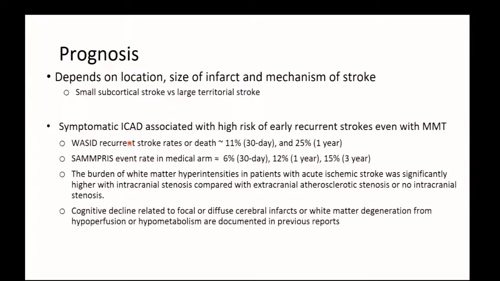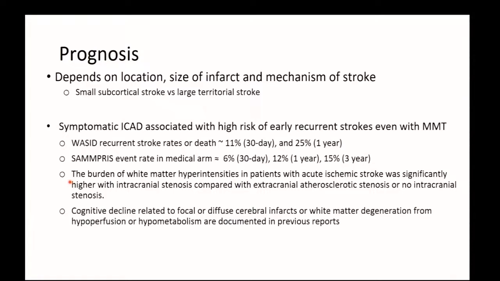We've seen the numbers in the SAMMPRIS trial: the event rate in the medical arm was 6% within the first month, 12% within the first year, 15% within 3 years. So your risk actually increases over time. In the WASID trial, it was the very same pattern.